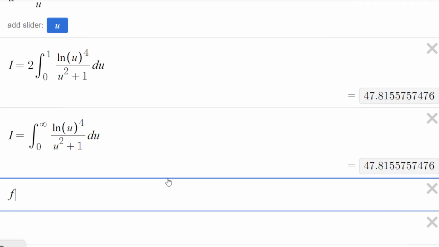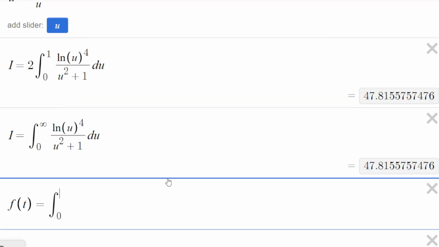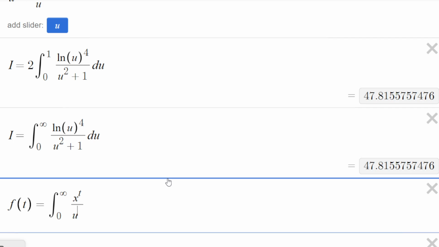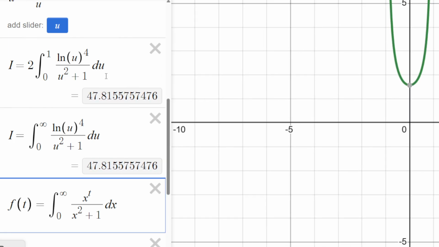Next, we'll let some f of t be equal to the integral from 0 to infinity of x to the t over x squared plus 1 dx. And as you can see, this is going to be good between -1 and 1.